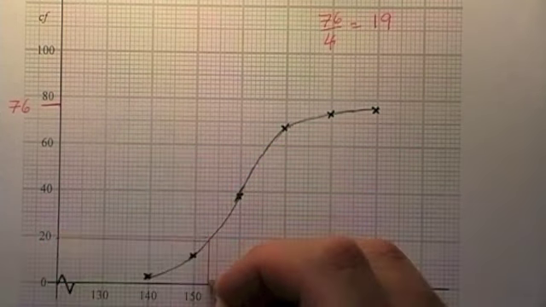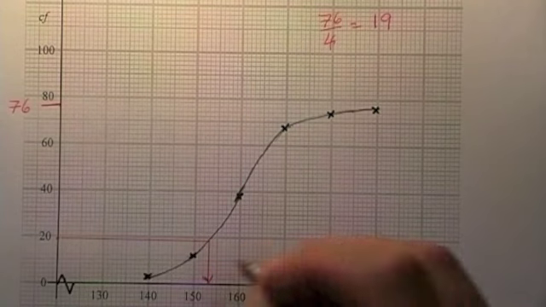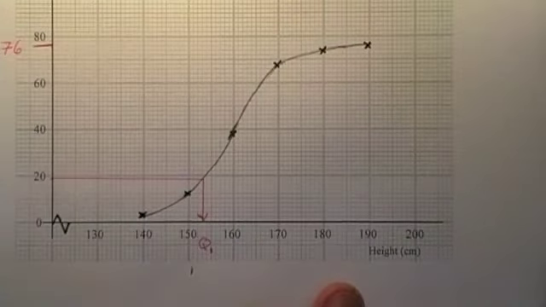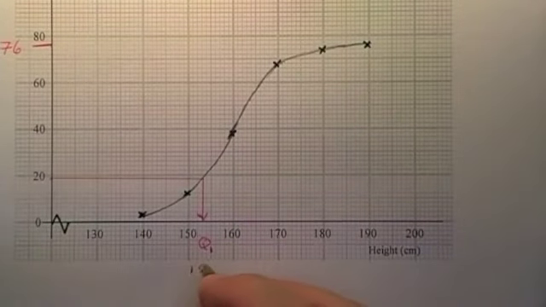And the value is there. I'll do a little arrow so I know which way I'm going. That one there is called Q1. And from the graph I can see Q1 is 153. Q1 stands for quartile 1.